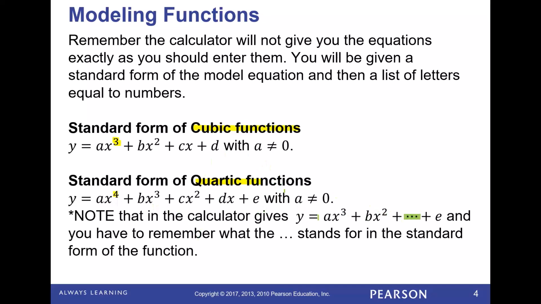So you'll notice it's going to say y equals ax to the 4th plus bx to the 3rd plus dot dot dot plus e. They're hoping you catch that pattern, and you have to remind yourself that the dot dot dot I'm highlighting there actually stands for the two missing terms from the standard form, which are plus cx squared plus dx. So it actually stands for something, so you want to keep that in mind.